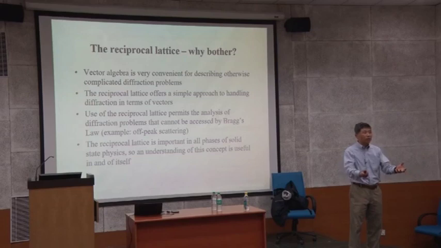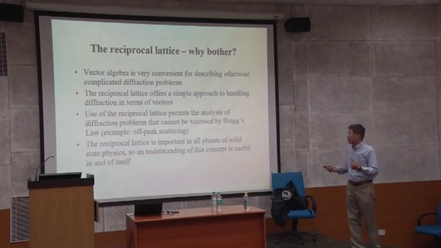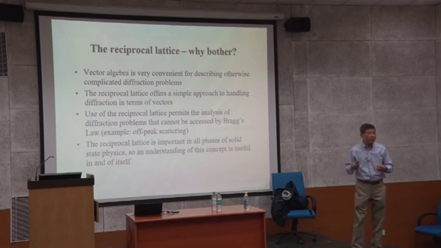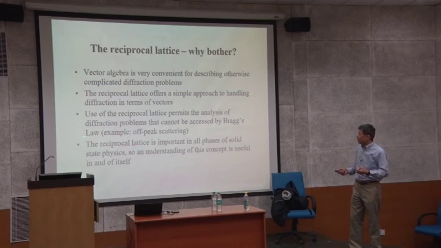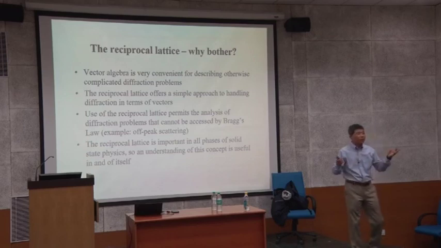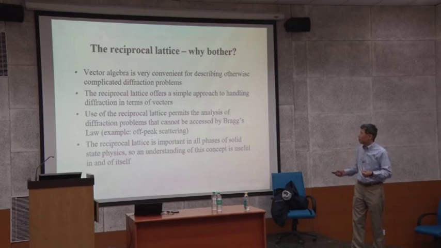But you guys, PhD graduate students, are learning research, and you need more than Bragg's law. A lot of diffraction cannot be described or accessed by Bragg's simple law. And the reciprocal lattice is important for all phases of solid-state physics, a useful concept in itself. But I think this is maybe too much.